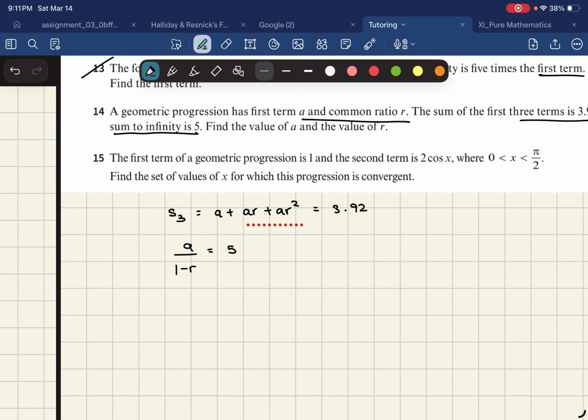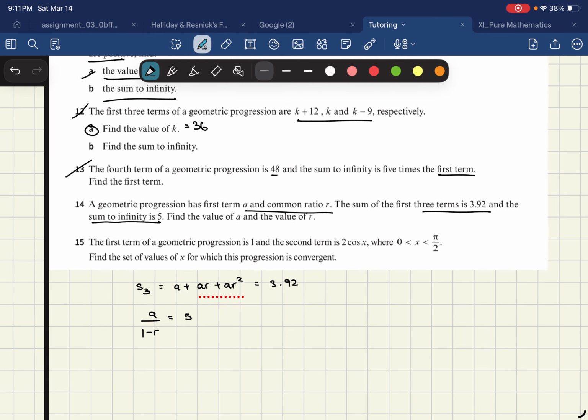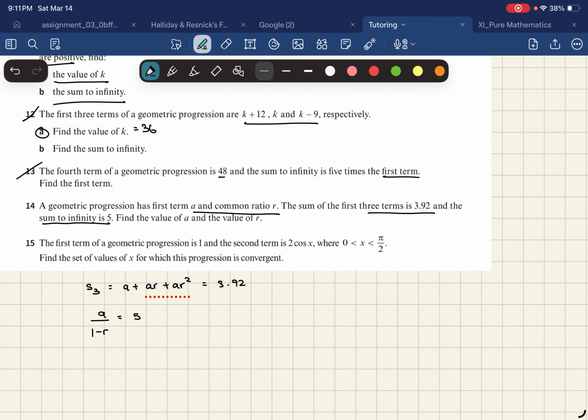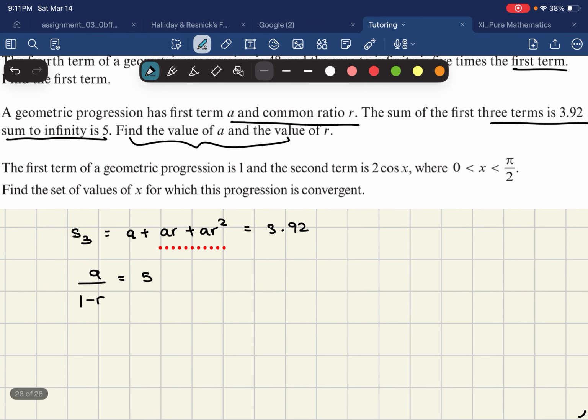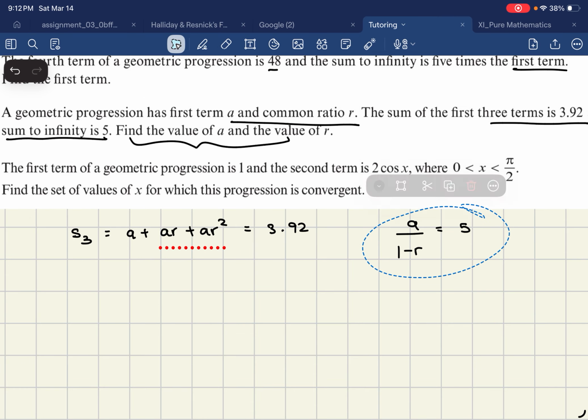So I can actually write a in terms of r, right? So we want to find the value of a and the value of r. All right. Another way to write the sum of three terms is going to be another way. So I'm going to keep this here.